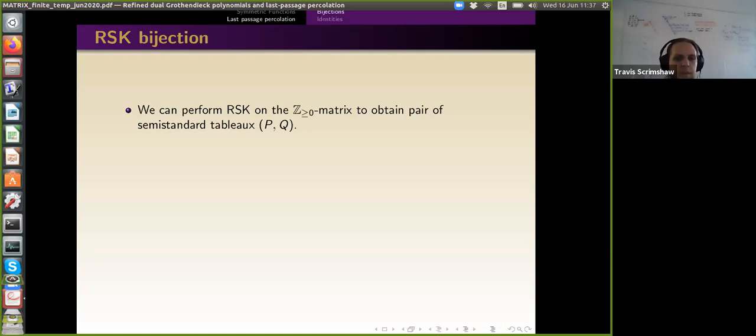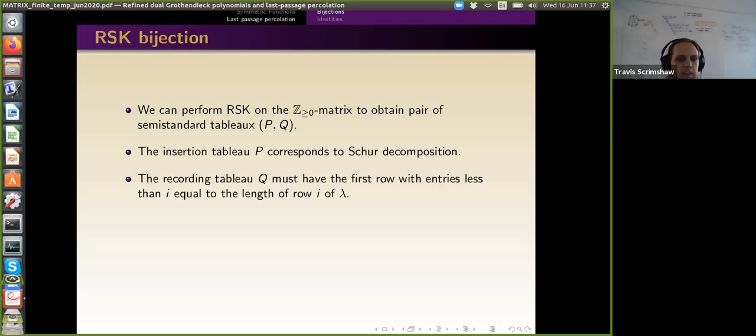And so we get a pair of semi-standard tableaux P and Q. And this insertion tableau P will correspond to that Schur decomposition that I talked about earlier. And the recording tableau Q should correspond to an elegant tableau. It does, but you have to work just a little bit to actually get that relationship.